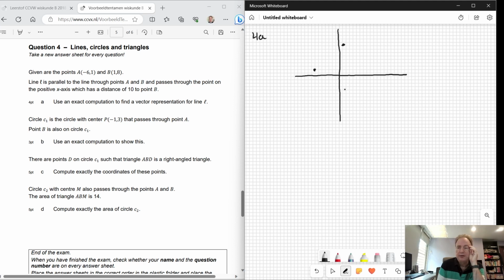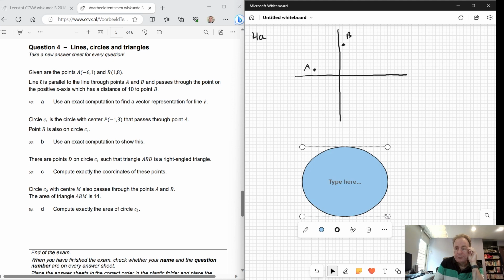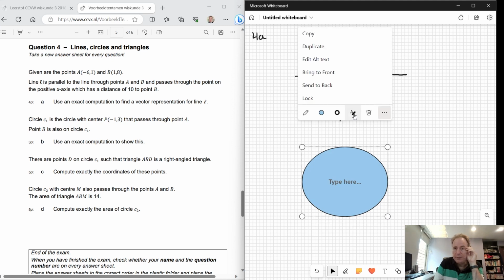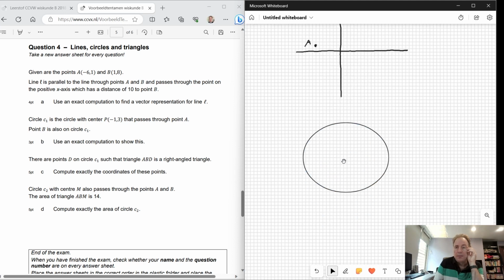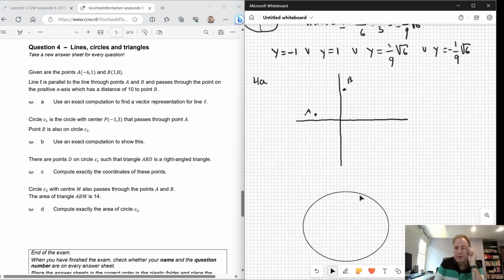So we would need to find all the points that are 10 away from point B. So like a circle. Let me bring it down a little bit.